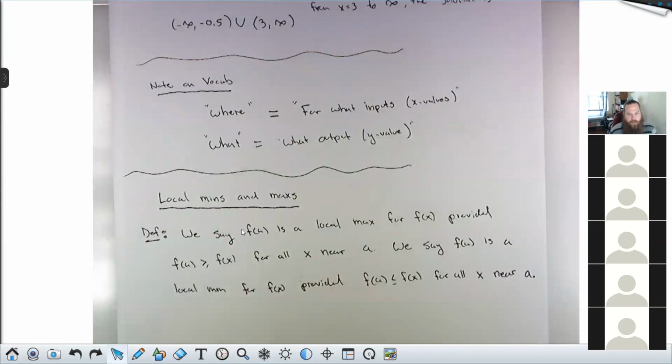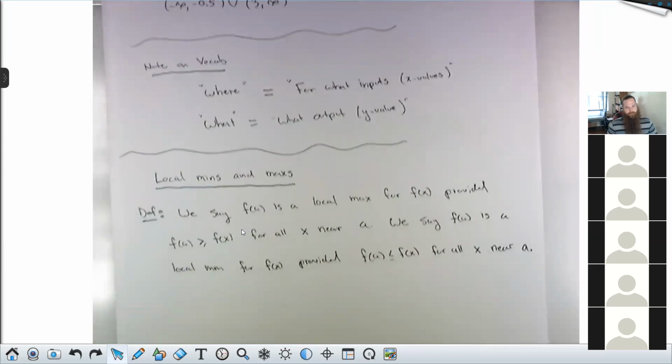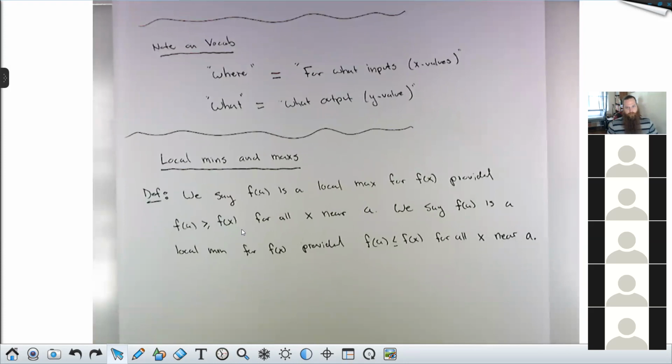I don't know if you can smell it. Does anybody smell some bullshit in this definition? Something that's not entirely rigorous? Something that's kind of unclear? I claim that there's some bullshit in here.